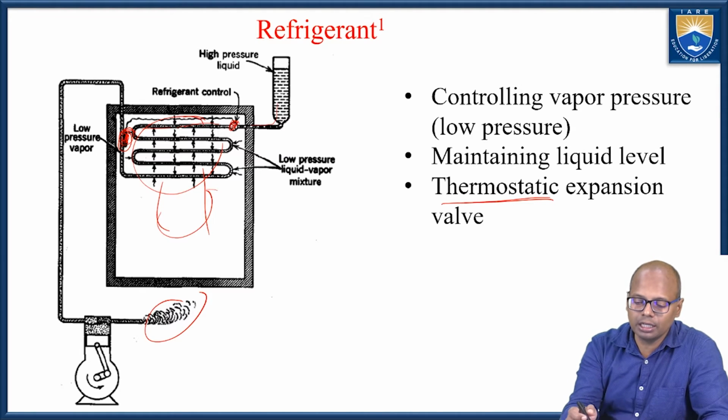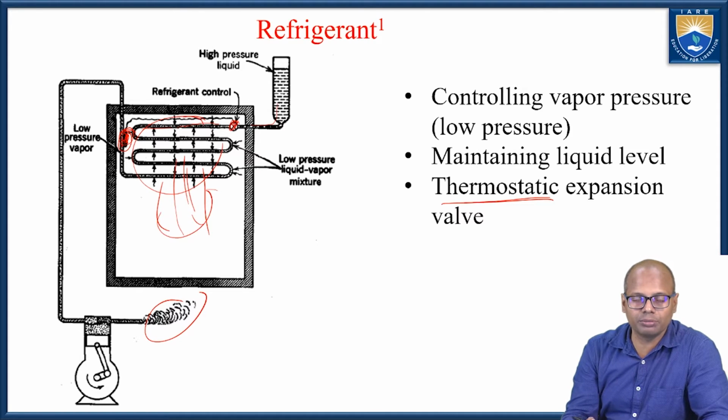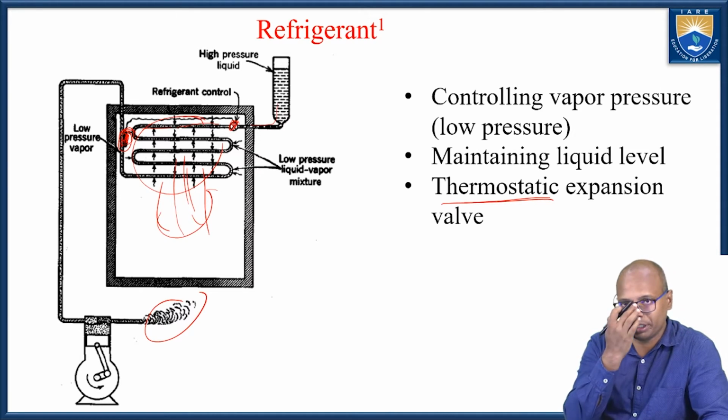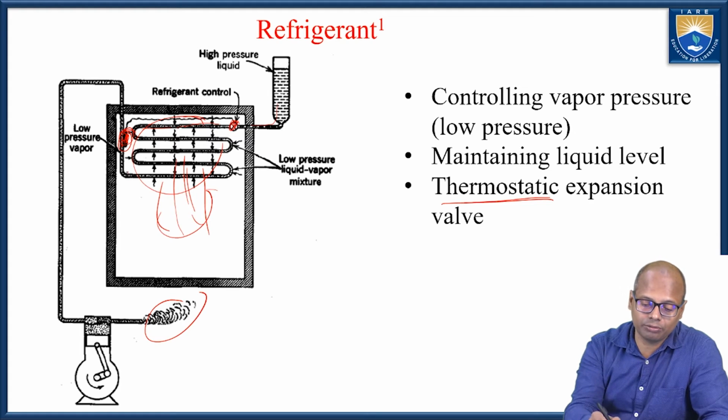Initially the entire thing will be liquid. As it takes heat, at a certain point the temperature at this point will be equal to the boiling point, and the liquid will start evaporating and be sucked out by this pump. Then we have to supply the fluid.